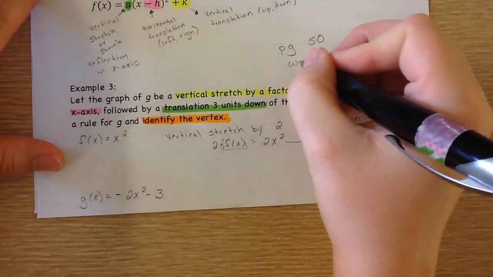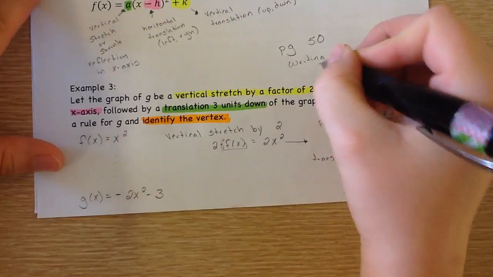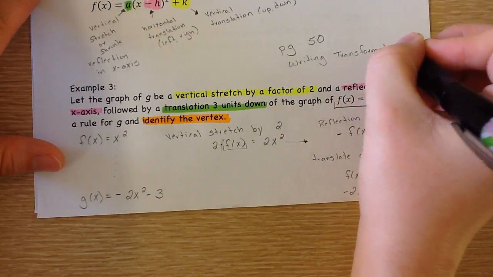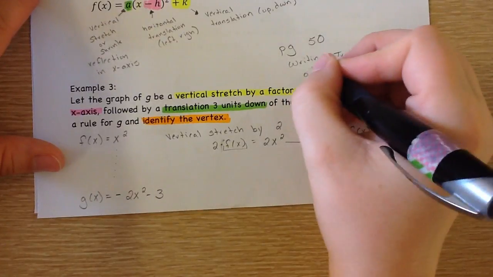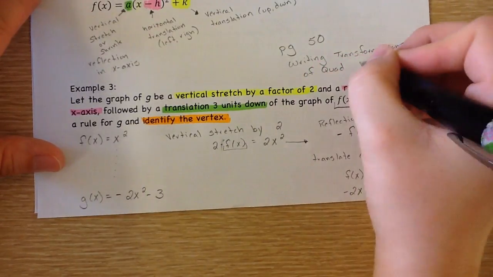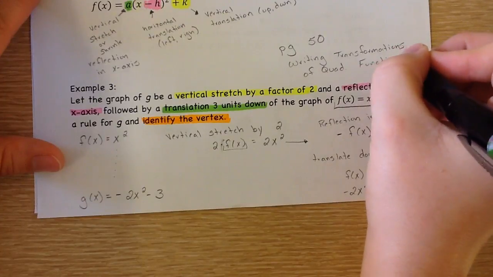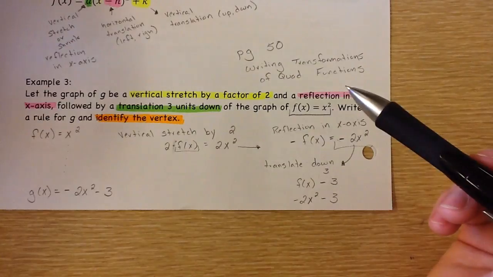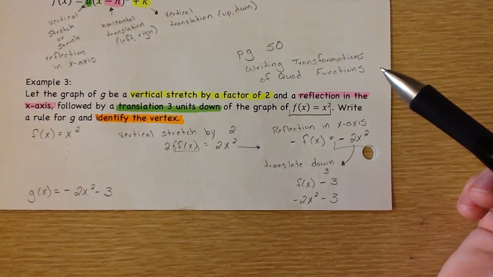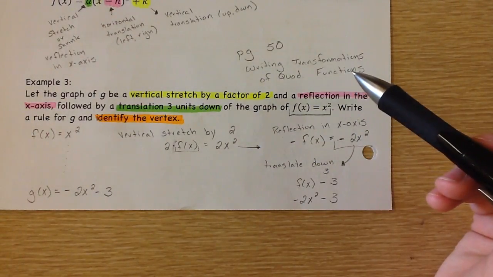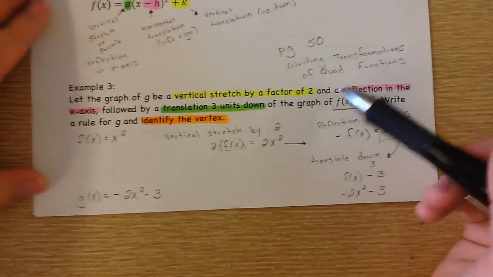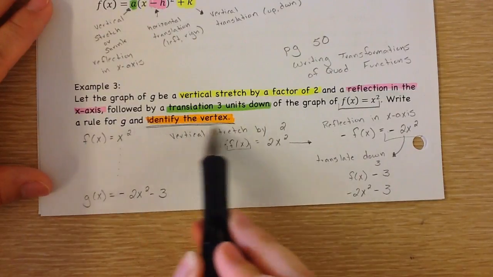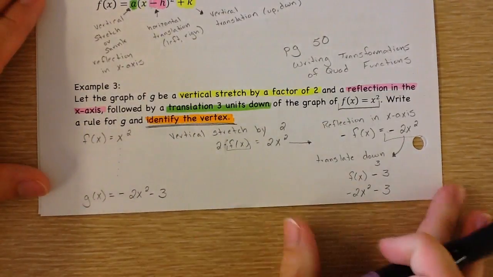I want you to read the section that says writing transformations of quadratic functions. It's just a little paragraph right there at the top part of the page. Read that, and from that, see if you can figure out what the vertex of this one would be. See if you can identify the vertex, and we'll pick this example 3 up in class.